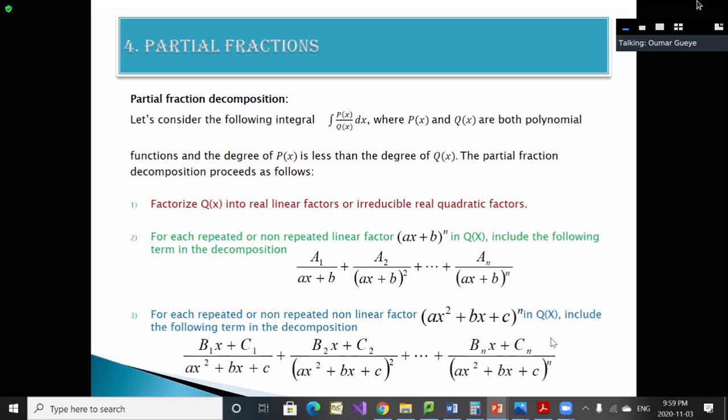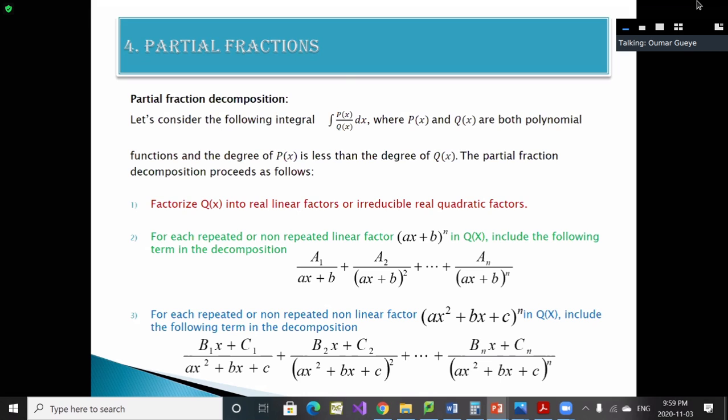A quadratic factor is irreducible if and only if we cannot factorize it. That's what we mean by irreducible. You already know how to check a quadratic equation by calculating the discriminant, b squared minus 4ac, and if it's negative, it means it's not possible to factorize the quadratic equation.